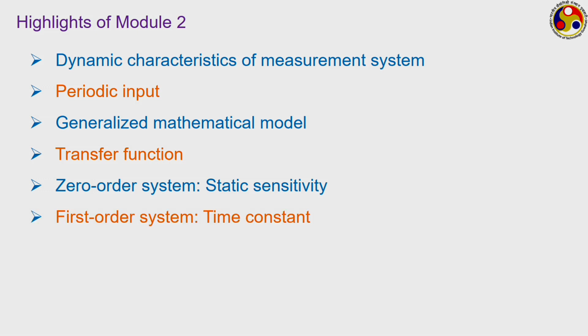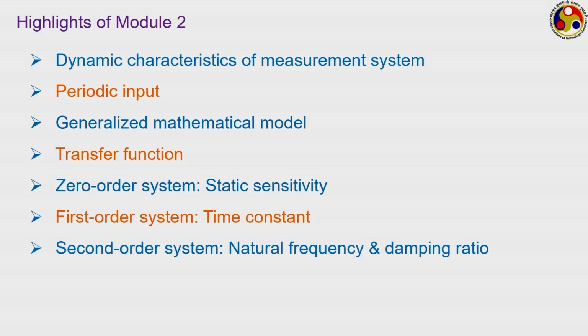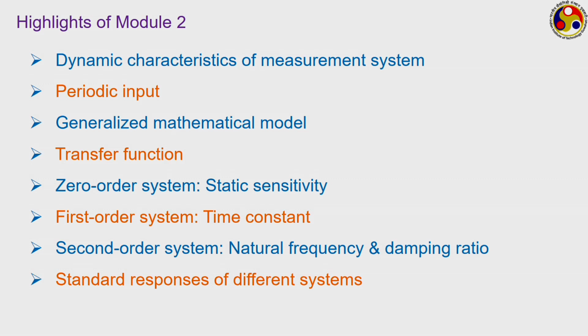For the first order system, we got the time constant, and the second order system gives the natural frequency and damping ratio as the characterizing parameters. And we have subjected these two systems to some standard responses to get their idea. Zeroth and first order we have discussed in detail. Second order we have discussed very briefly, because we can easily extend our discussion on first order to any kind of second order response. From a measurement point of view, we generally never need to go to higher order systems.